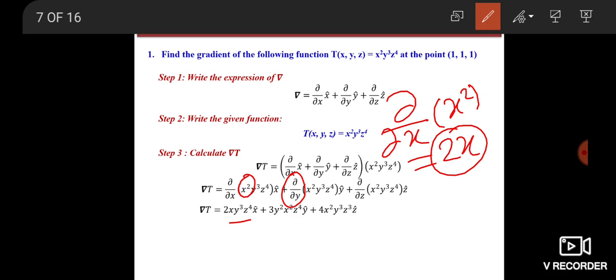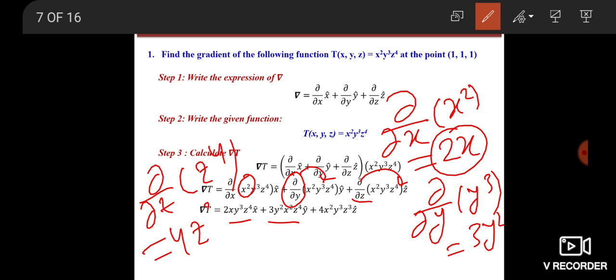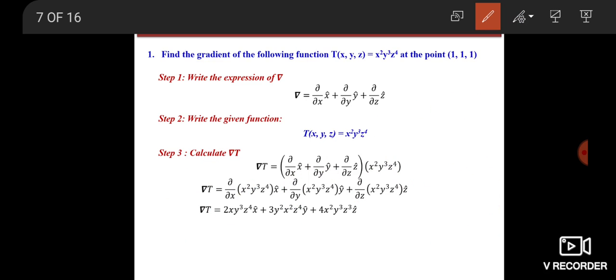When del/del y operates on y cube, that is del/del y of y cube, it gives us 3y square, and x square and z to the power 4 remain constant. Similarly, when del/del z operates on z to the power 4, it gives us 4z cube, and x and y terms remain constant.